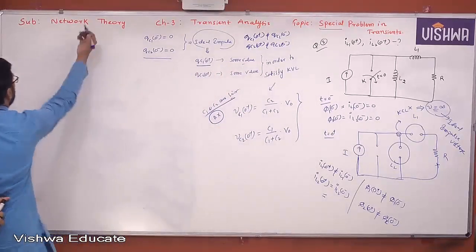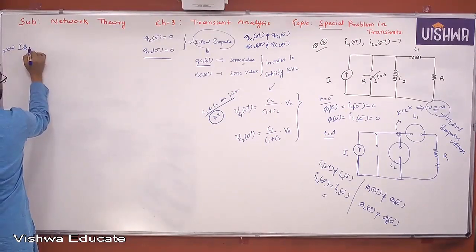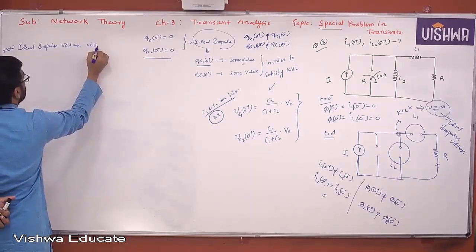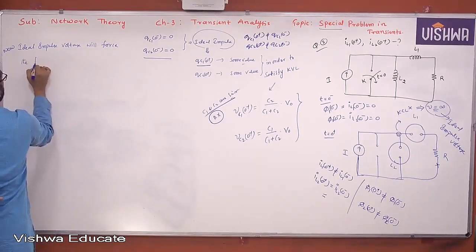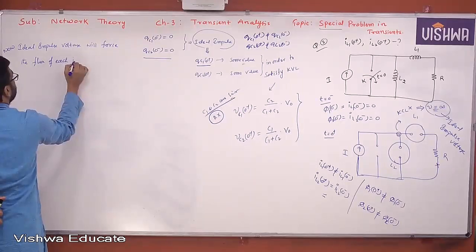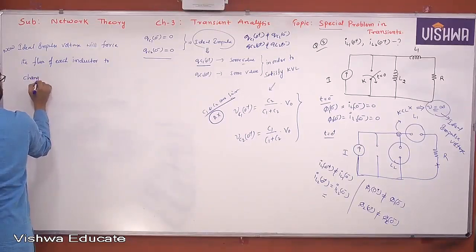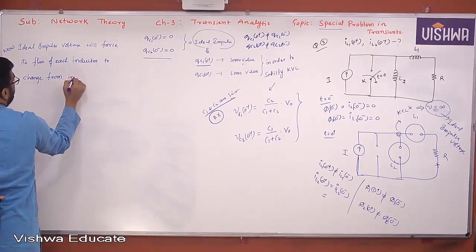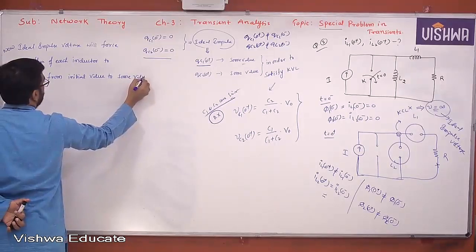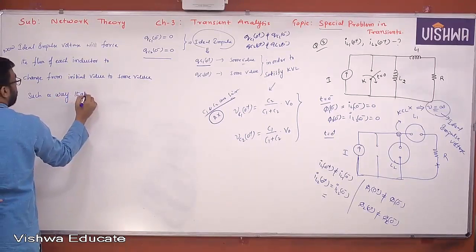Now, since this is an ideal impulse voltage, it will force the flux of each inductor to change from initial value to some value in such a way that KCL is satisfied.